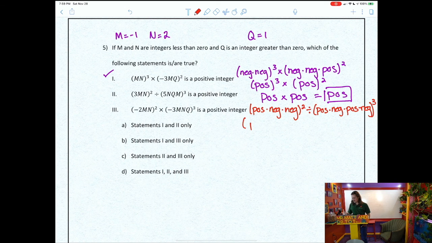So that's going to be a positive squared, divided by a positive times a negative is negative. That negative times a positive is still negative. That negative result times that last positive, though, is going to turn the whole thing positive again. So that's going to be a positive cubed. A positive squared is positive. A positive cubed is positive. A positive divided by a positive will remain positive. So statement 2 is true.